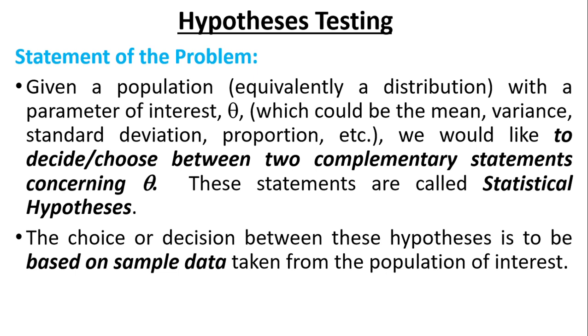So given a population, let's assume that a population is your group of interest or problem of interest, with a parameter of interest. In that population there's a parameter of interest.